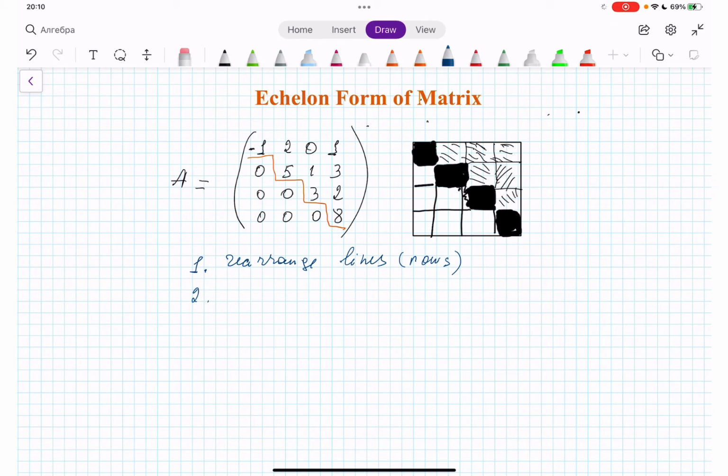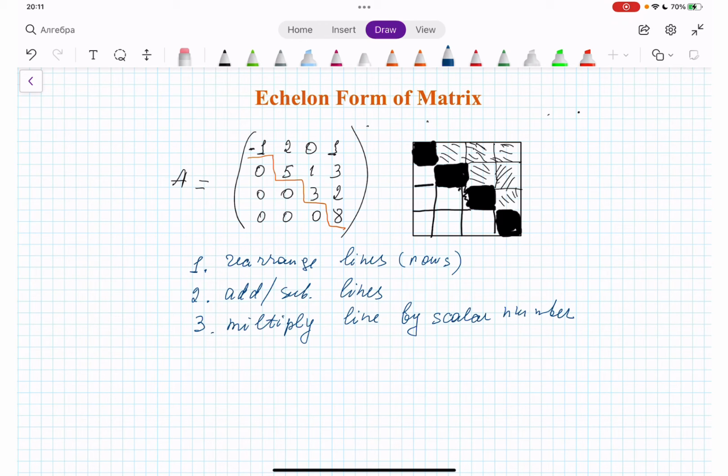Second, we have to be able to add one line to another, add or subtract lines. Let's say first one with second one, third one with fourth one, and so on. And third, we should be able to multiply any line by a scalar number. Those operations we are going to work with.